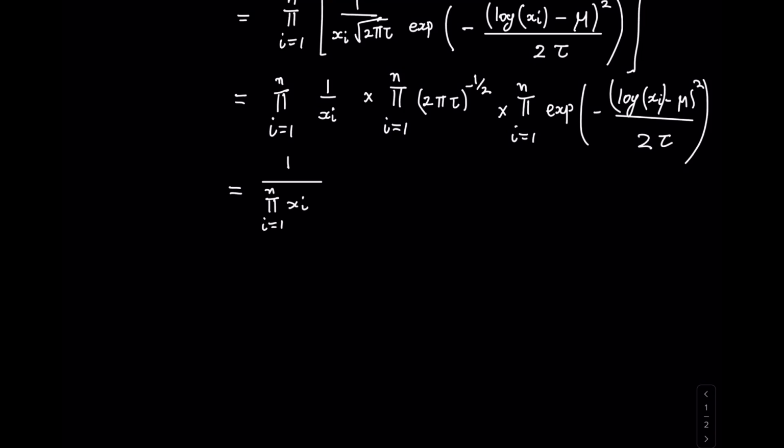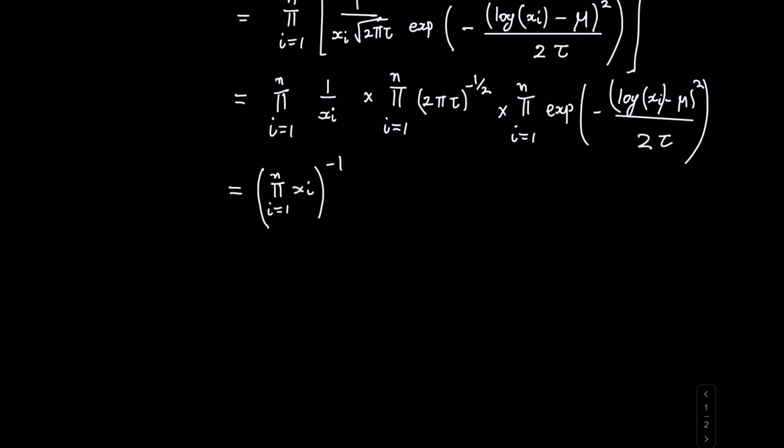So I can write it like that. And for simplicity, instead of 1 over xi, I'm going to write it as the product of xi's to the power of -1, just so I don't have to keep writing fractions.